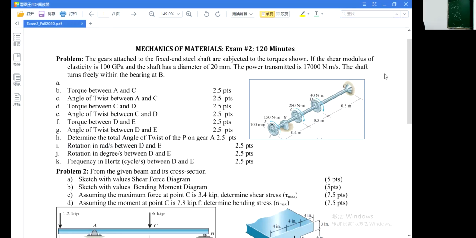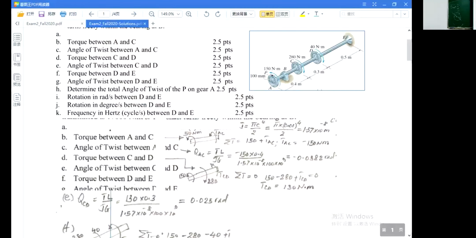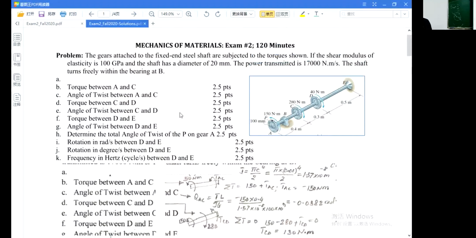Ah, yes. The first answer is the torque between AC. 150. Look at it. And then look at it. Here is the solution. Okay.